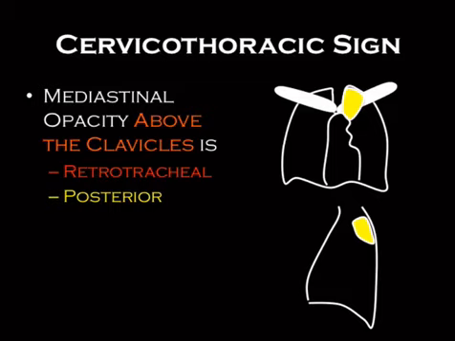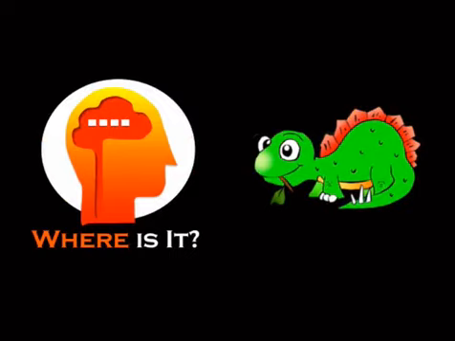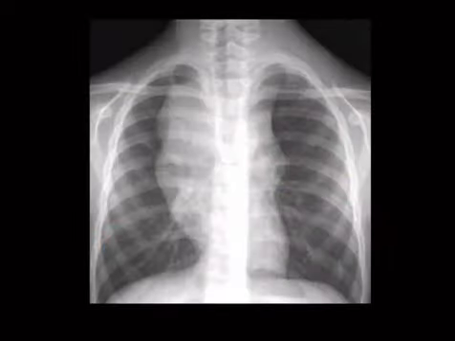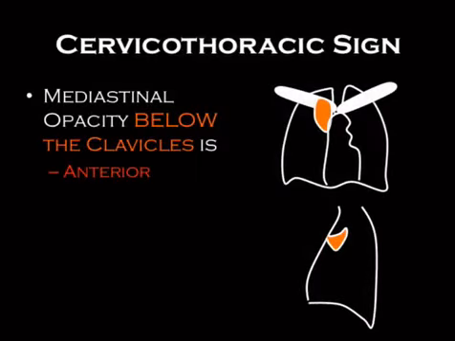Posterior mediastinum will extend above the level of the clavicle. Here would be a companion case where we see there's a mass that is stopping right at the clavicle. It's using the same sign but in the opposite direction to know that this is an anterior located mass.